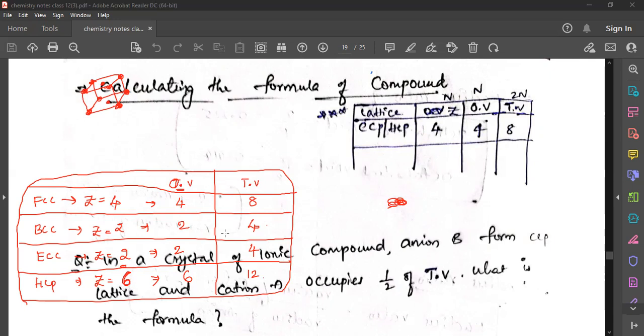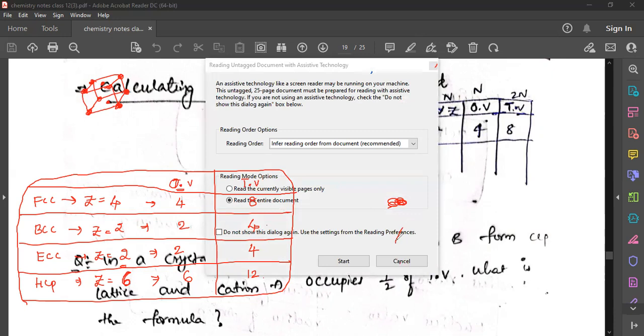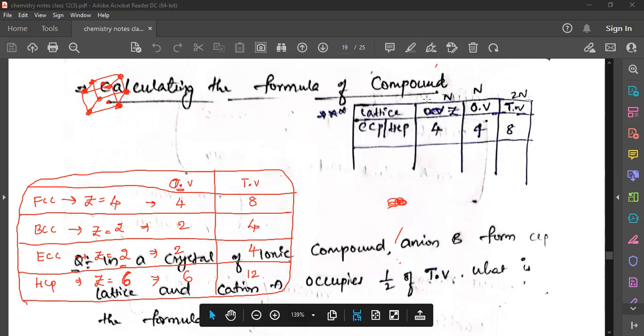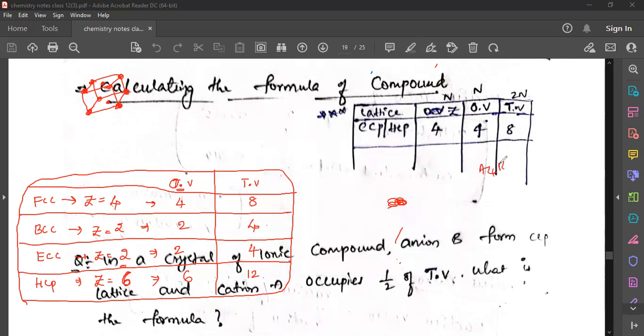Sir, A4B. A4B, that's right. Okay, so we'll solve it first.